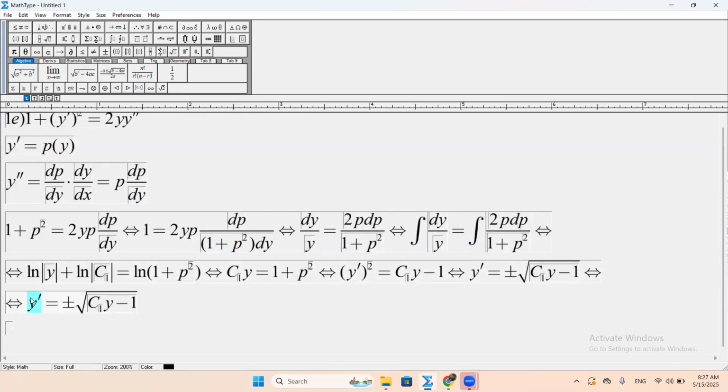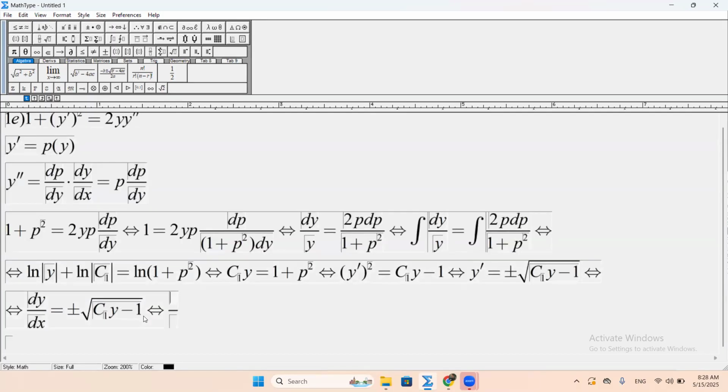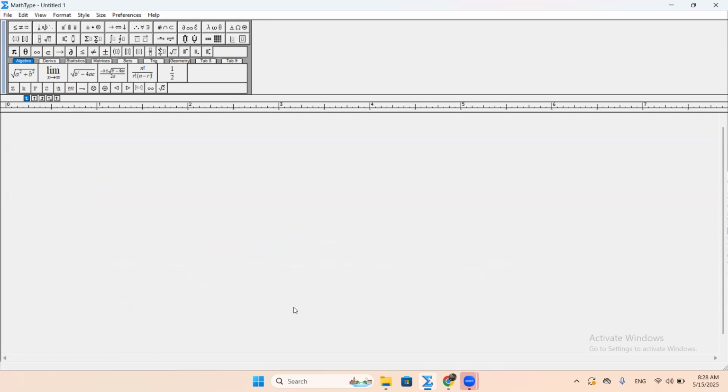So here divide by dx. And then we will separate variables and integrate. So dy over this square root equals plus minus dx. And now we will integrate.